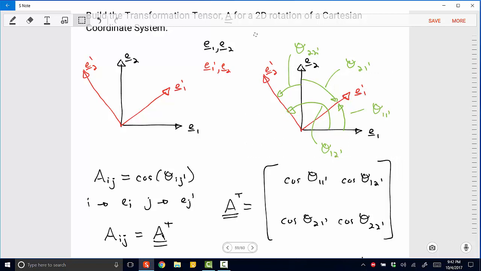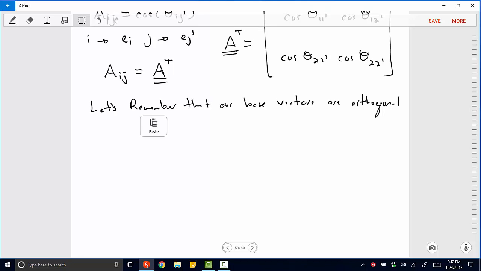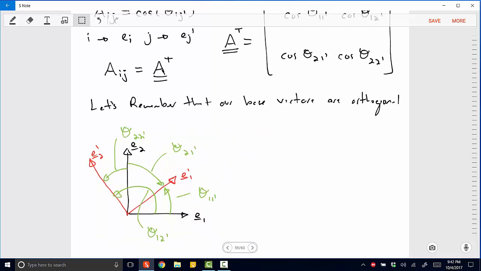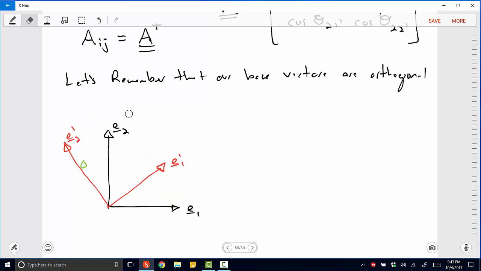With that knowledge, we can actually simplify this series of 4 angles and find a single variable that represents the rotation with respect to all of these base vectors. Since they're orthogonal, it's 90 degrees with respect to each base vector, each system. Let's go ahead and replace all of these thetas with a single theta that represents the rotation.